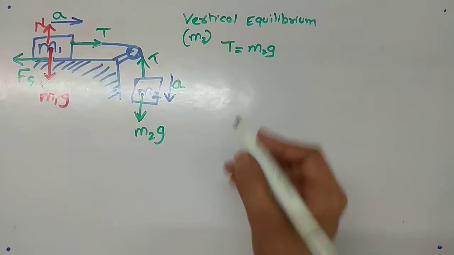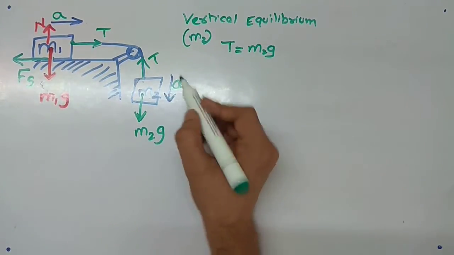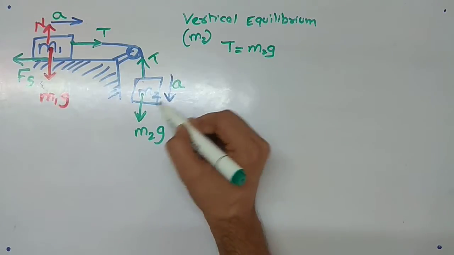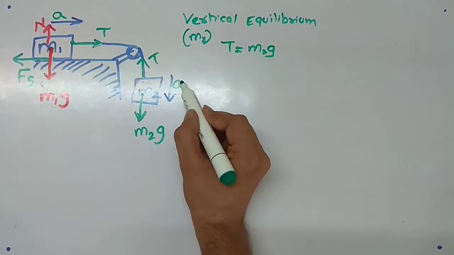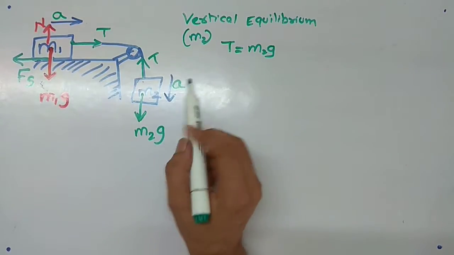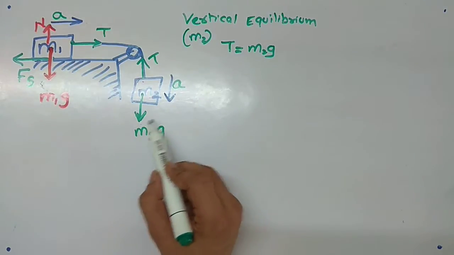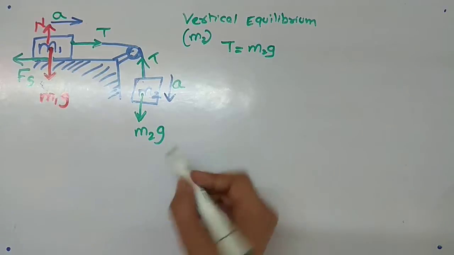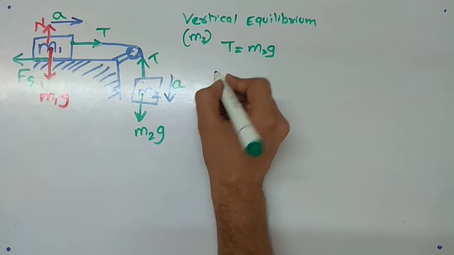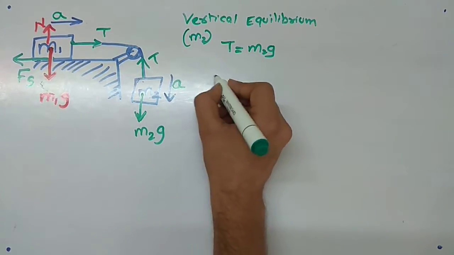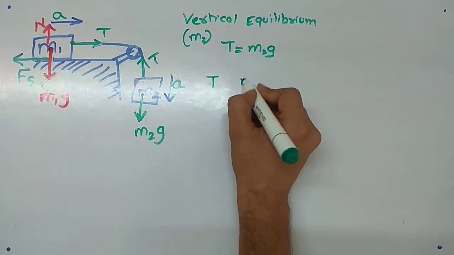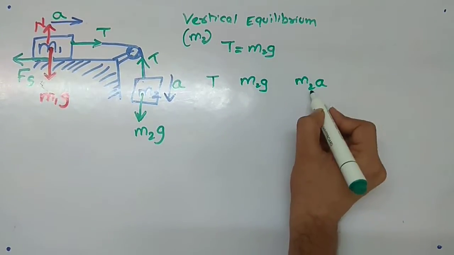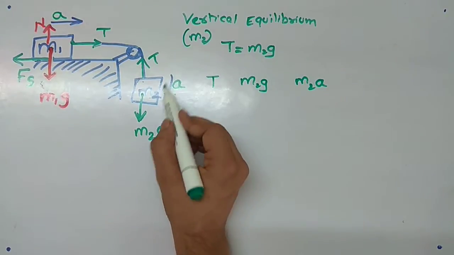So now we'll modify this. How are we going to modify this? There are two downward forces, and for converting these into forces you have to multiply with mass. So we have two downward forces and one upward force: this is T, m2g and m2a. What is this m2a? The force.